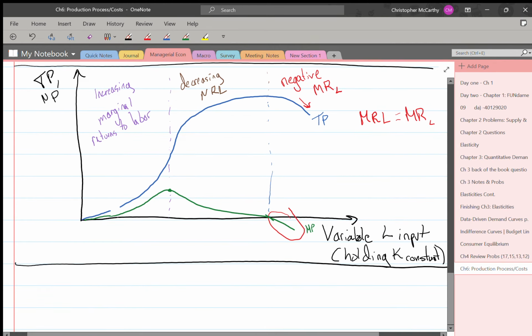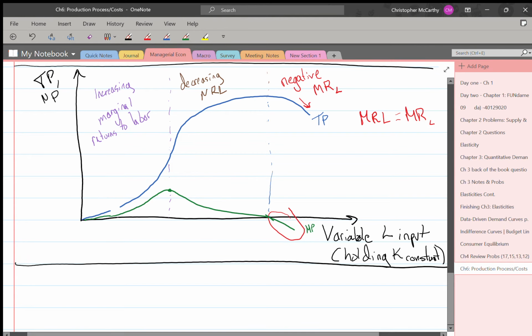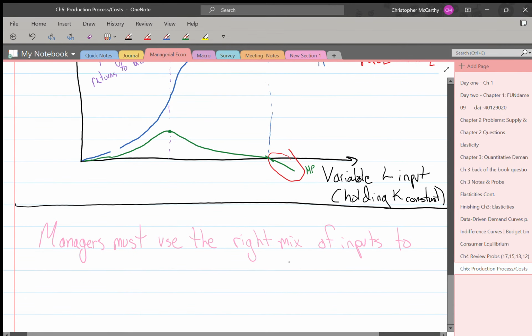But right now, in chapter 5, what we are concerned with is using the right mix of inputs to maximize profits.